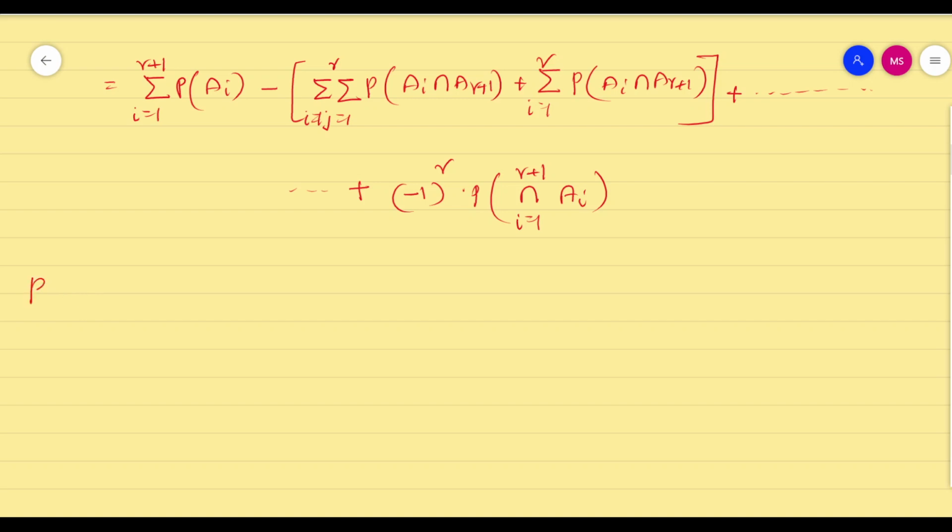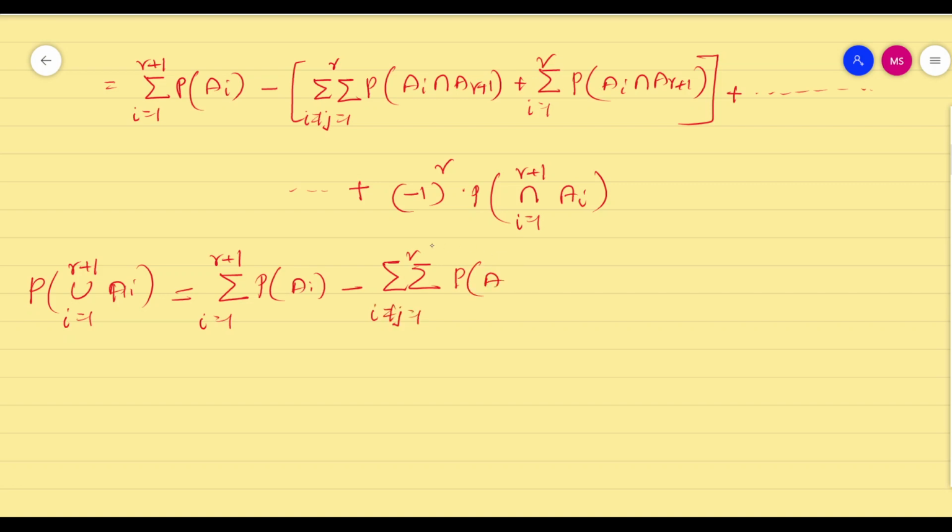P of the union, i running from 1 to r+1, of A_i is equal to summation i running from 1 to r+1 of P of A_i minus the double summation, i not equal to j, from 1 to r+1, of P of A_i intersection A_j, plus and so on, plus (minus 1) to the power of r+1 minus 1, right?